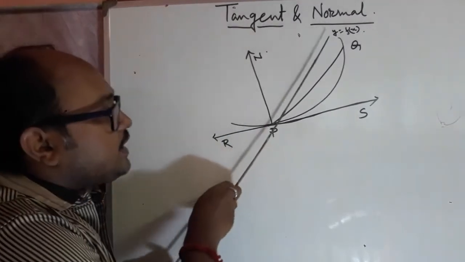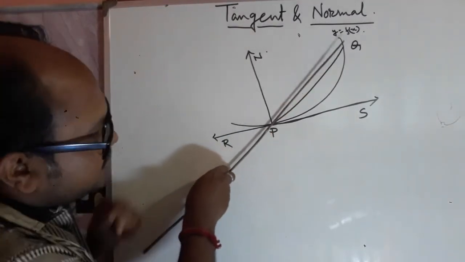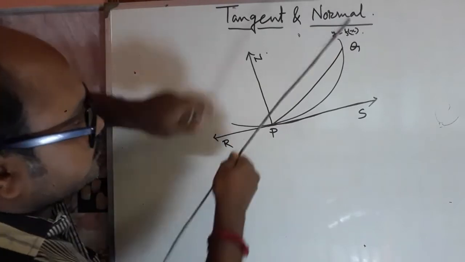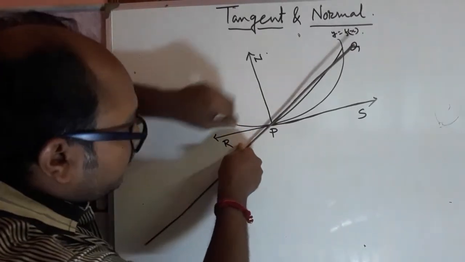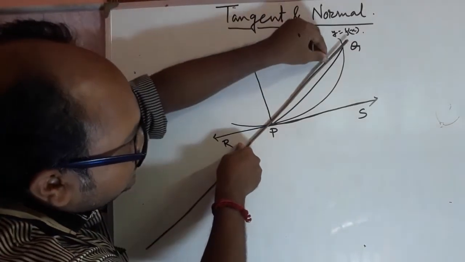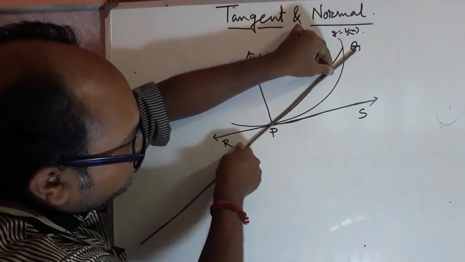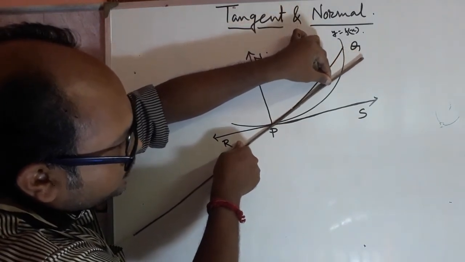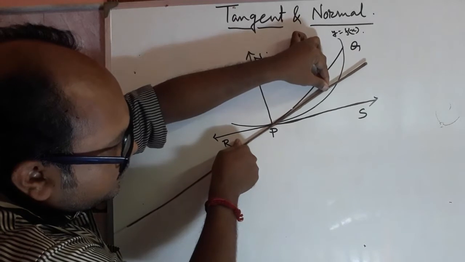You see, this stick is the chord. After that we keep P fixed and Q is moving towards P. Then you see the position of this stick.